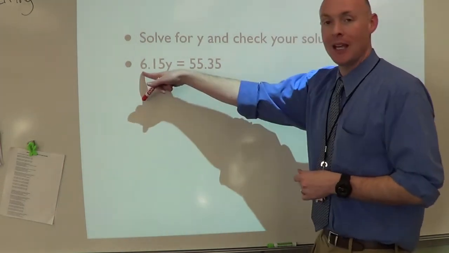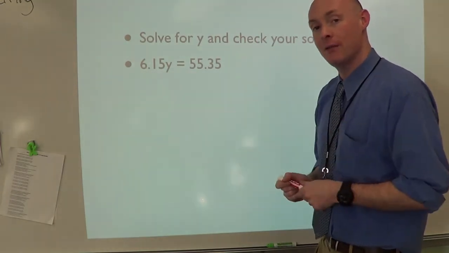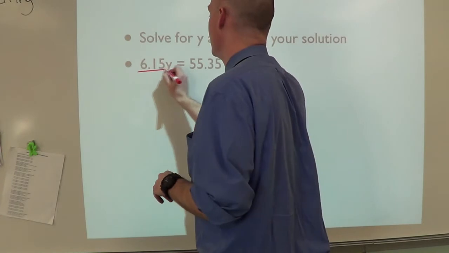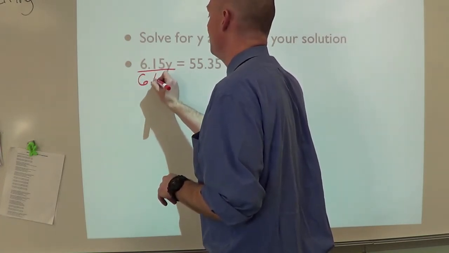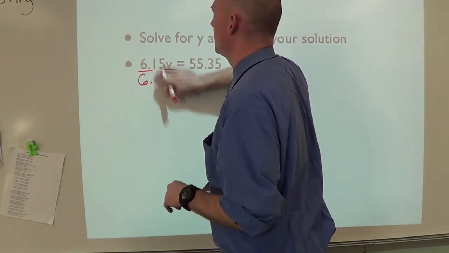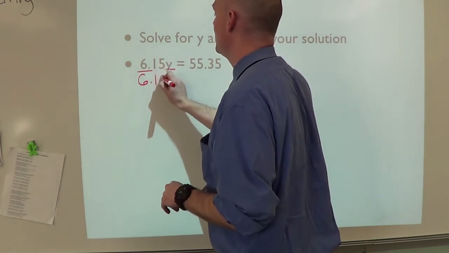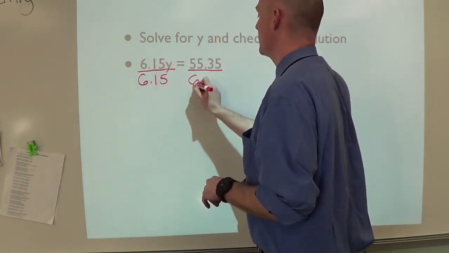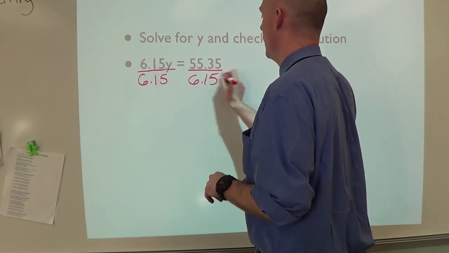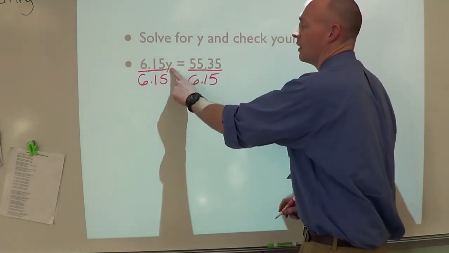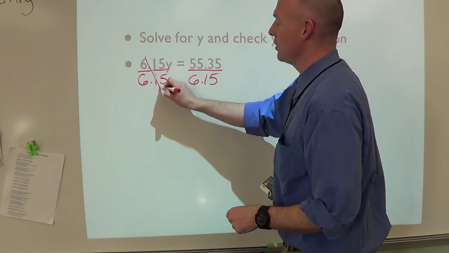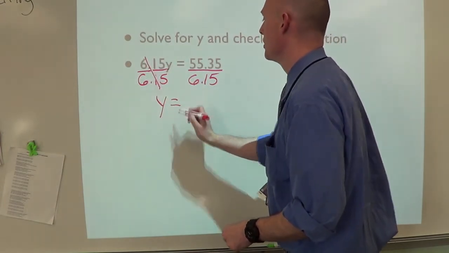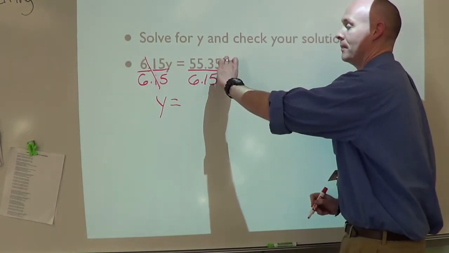Because this is a multiplication, we have to do the inverse, which is division. So we're going to divide each side by 6 and 15/100ths. These two cancel each other out, so we're left with y equals, boom.